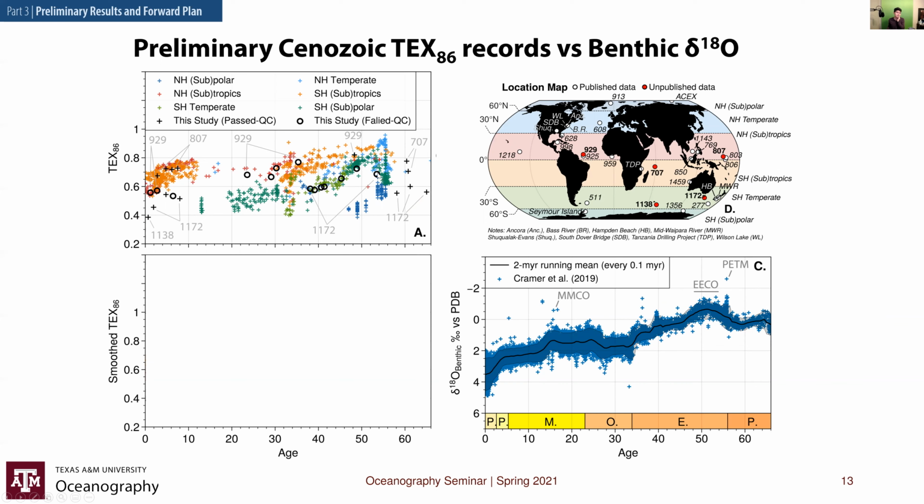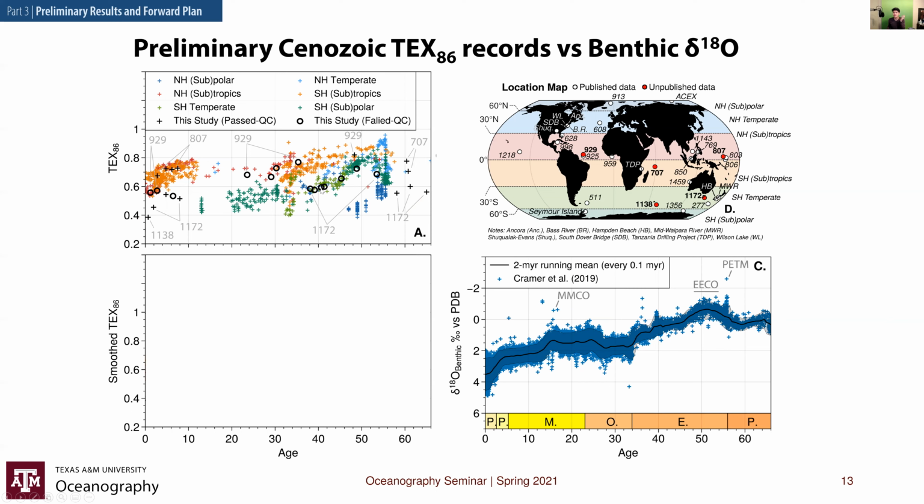For example, these circle data points here align well with the light green and dark green published data, right? These data points come from site 1172, which is a little bit south of Australia. From its modern location, it's located in these light green regions, which are the southern hemisphere mid latitudes.